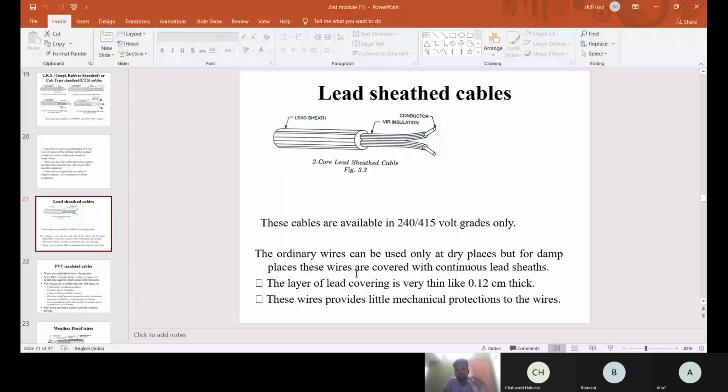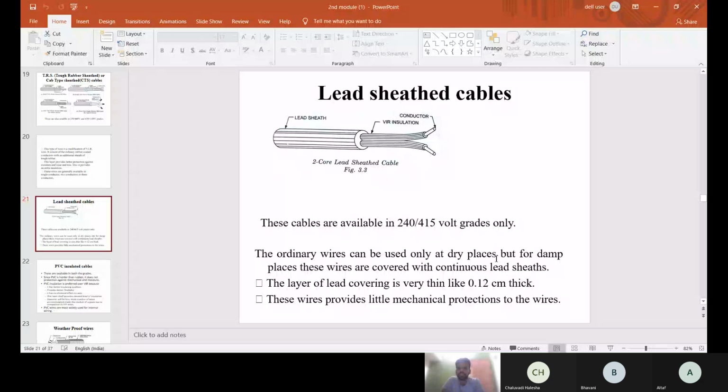We can observe these cables in underground cables. Underground cables use a lead sheath for the outer surface, because after digging the ground and burying the cables under the ground, high mechanical loads are applied on the cables. We need to protect these cables from external mechanical loads. For that purpose, we use lead sheaths.